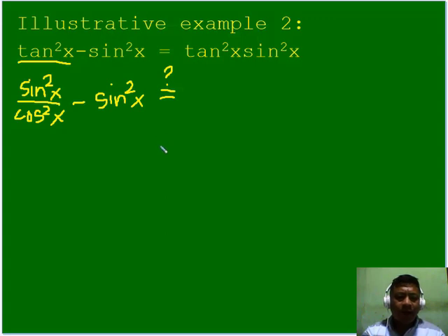Simplifying further, from here we can actually apply subtraction of two fractions.